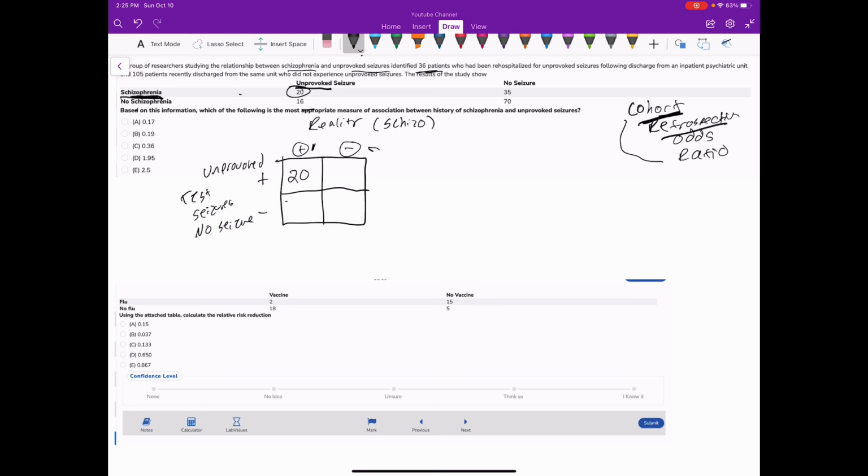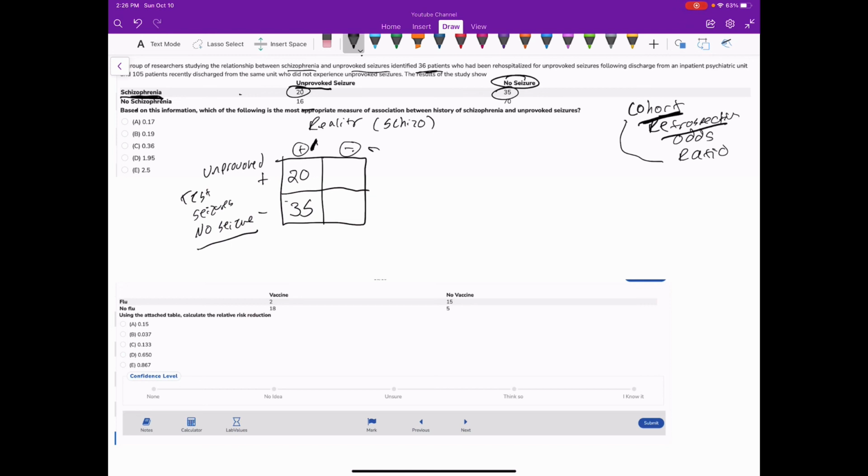Now, schizophrenia with no seizure. You have schizophrenia right here, and you don't have a seizure, so there's going to be 35 of those. See how the boxes get all jumbled when they don't tell us what to do?